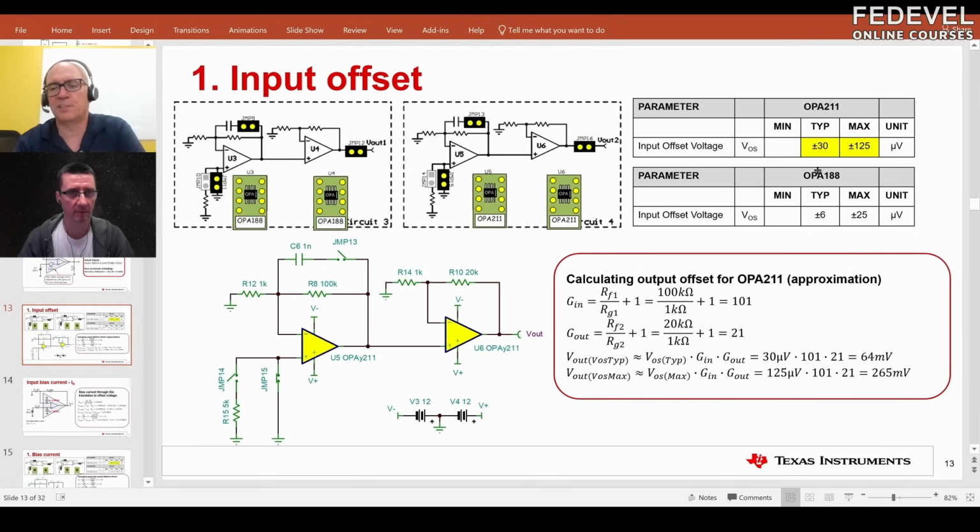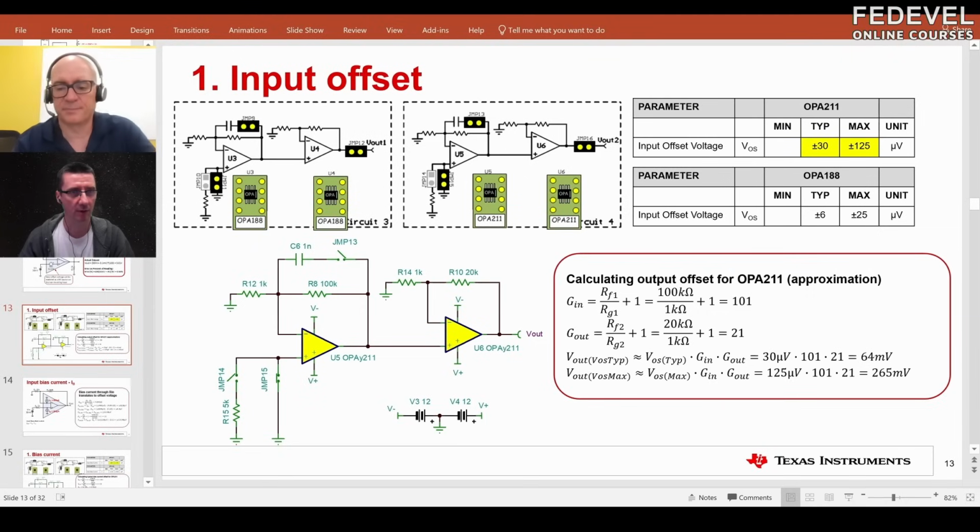That's right in the middle of the distribution. But 68% of the devices are going to range from minus 30 to plus 30. So you're going to see a lot of numbers that'll be much better than the typical. And then, of course, in some cases, you'll see some that go all the way up to the maximum value, but the percentage of units in that range is going to be much smaller.